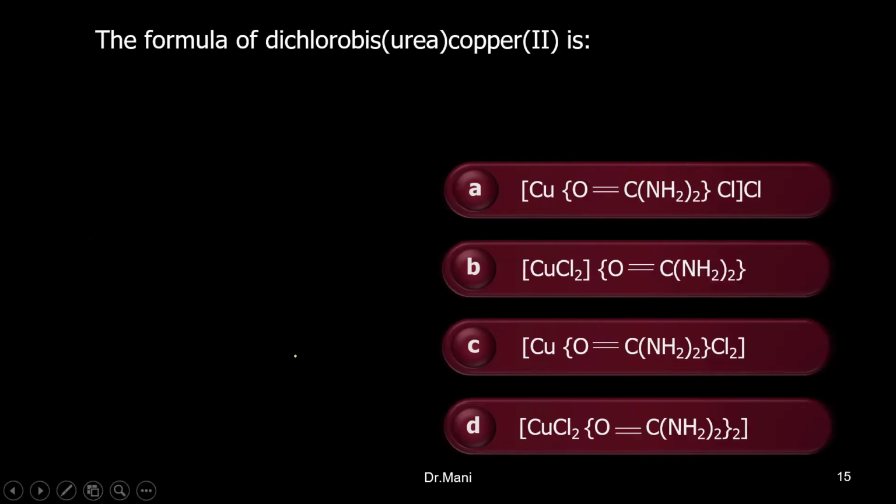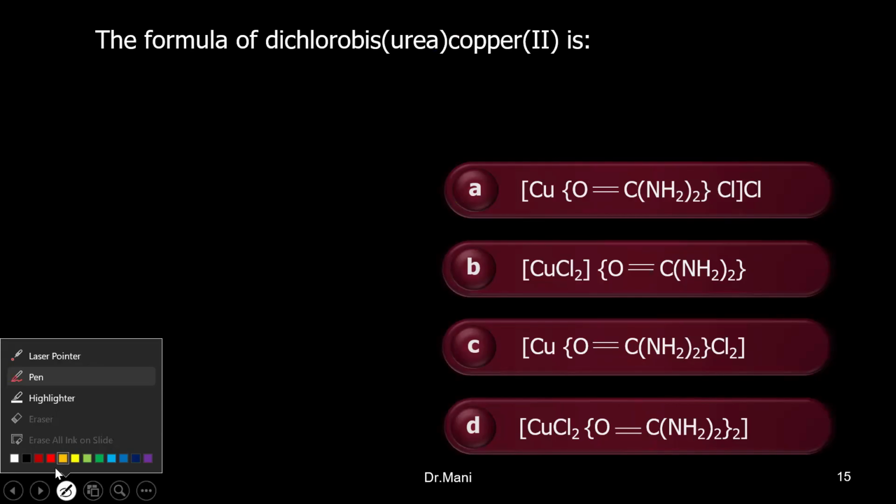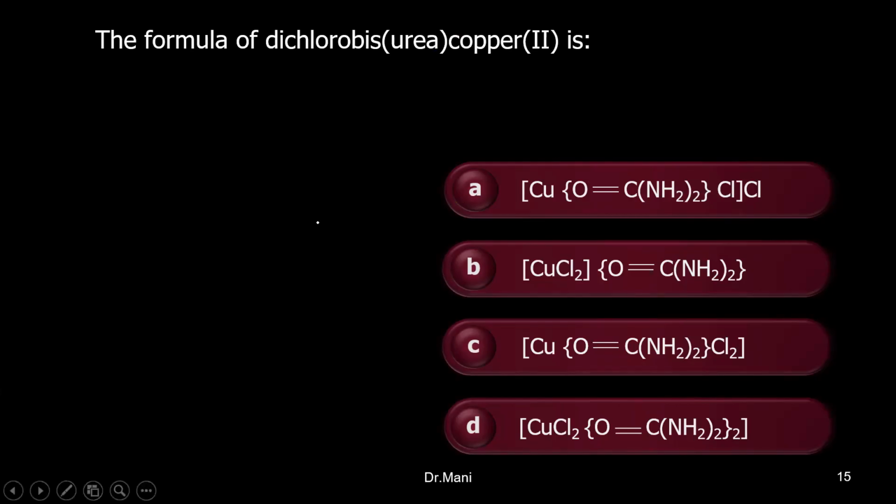Okay, next one. So see here, the formula of dichlorobis urea copper 2. Sharon, you tell me this answer. I'll see who is listening today. Option B, sir. Sharon, don't tell me the answer directly.